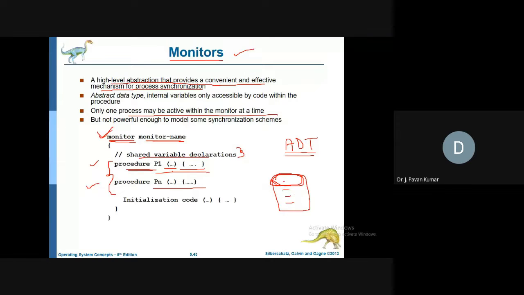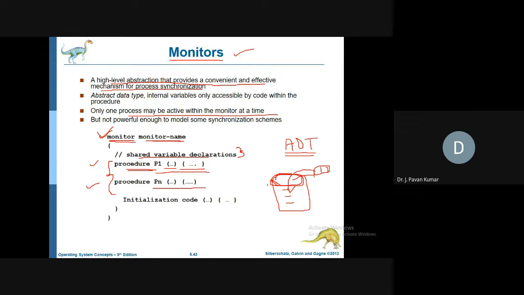If a process wants to enter the monitor, it has to wait in the waiting queue. Whenever the active process has completed, one of the processes from the waiting list will be picked and allowed. This seems to be the same as the critical section or mutual exclusion which we have seen earlier, but I will tell you where this differs from the earlier one.